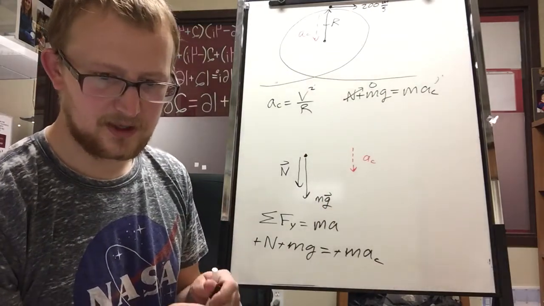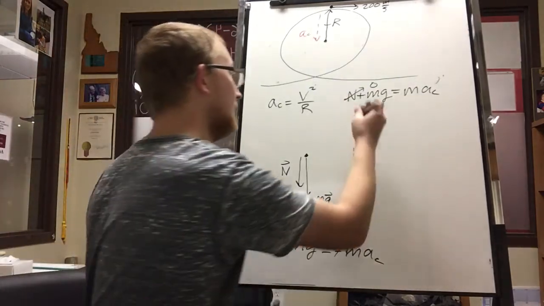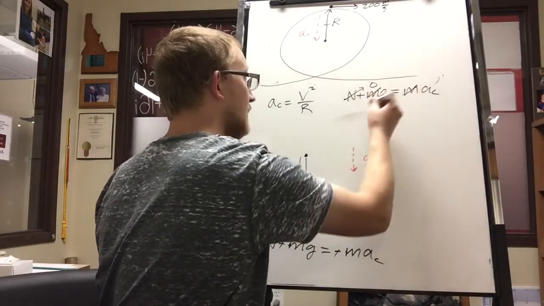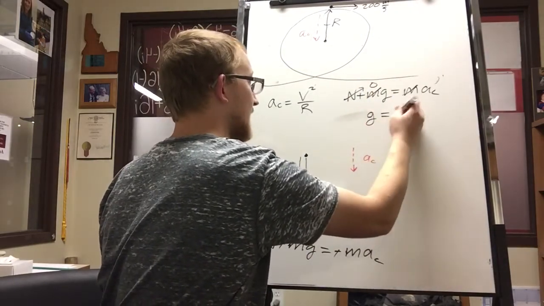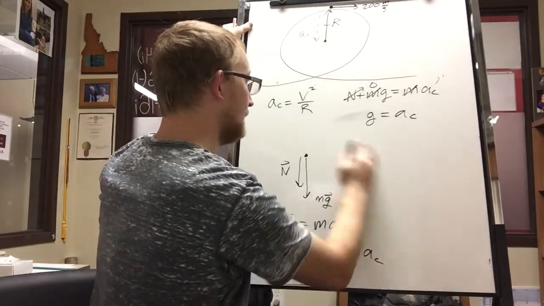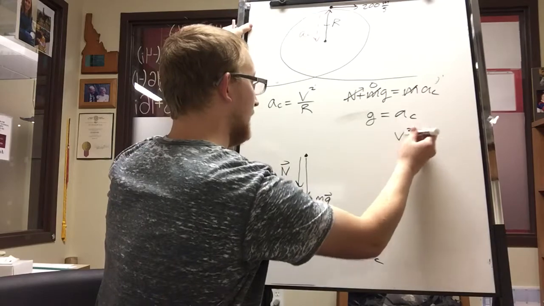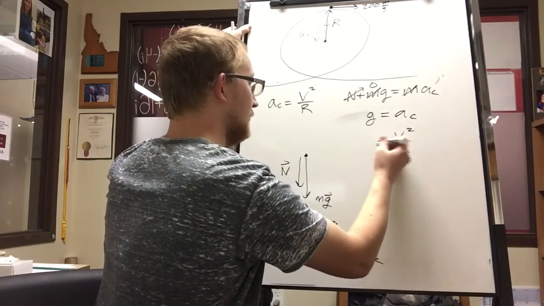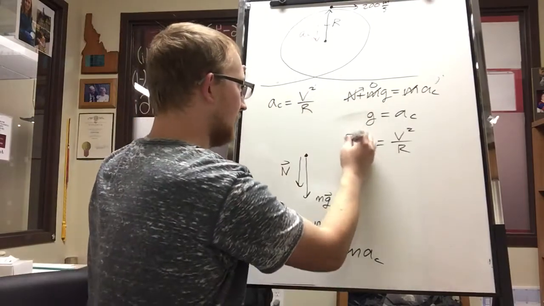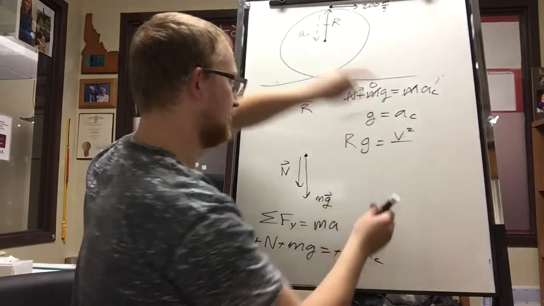All right. So now let's go ahead and cancel the m's. So g equals AC, and we know that AC is v squared over r. We're interested in solving for r, so let's multiply r over here and divide by g over there.